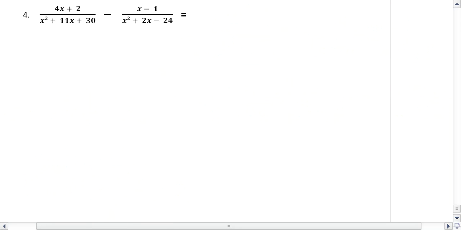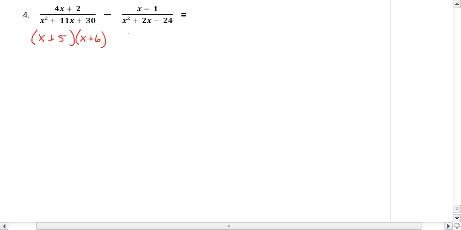Looking at this last example, again going through the steps, let's factor our denominators. So the factors that multiply to 30 but add to 11 would be plus 5 and plus 6.